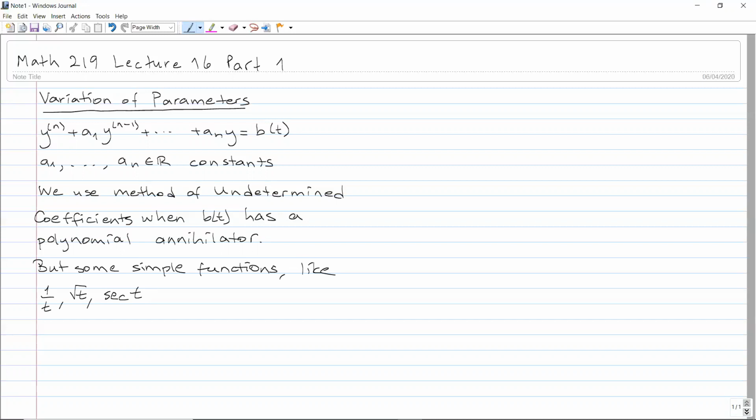The derivatives of these functions are all independent, so we cannot find polynomial annihilators for these functions.